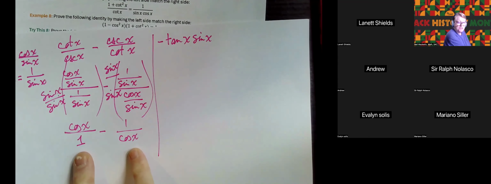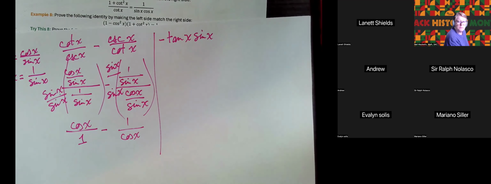So we've got 2 fractions. How can we combine them? By finding a common denominator. Very good. What could we multiply 1 by to get cosine x? Cosine x. Yeah.